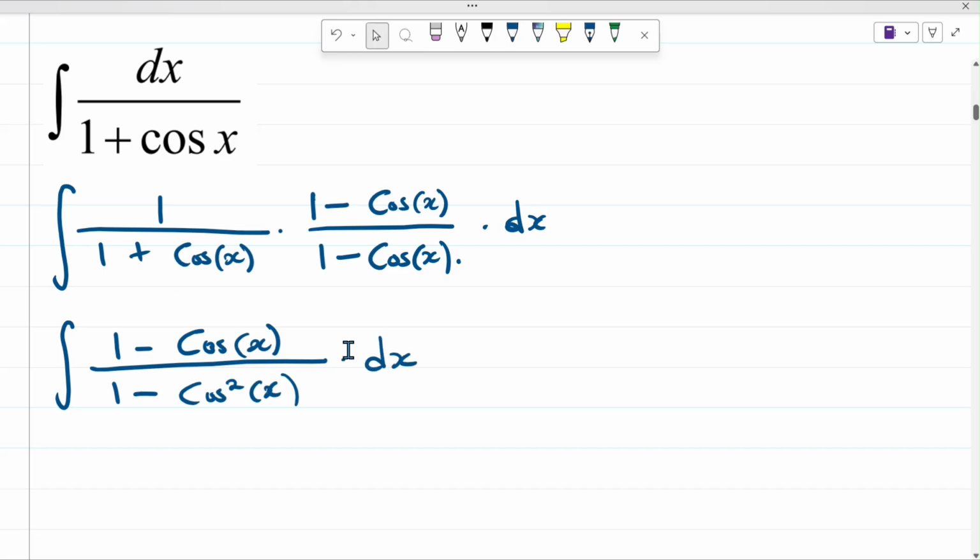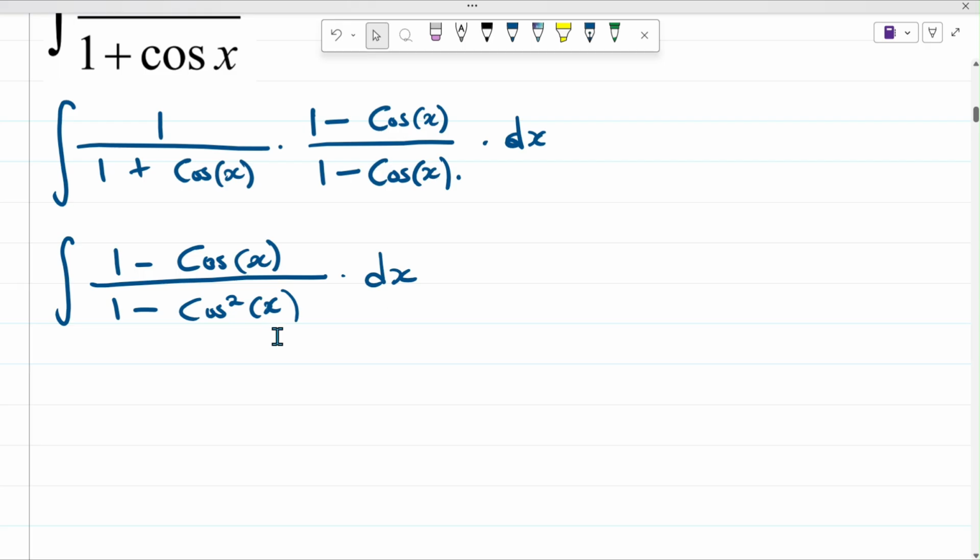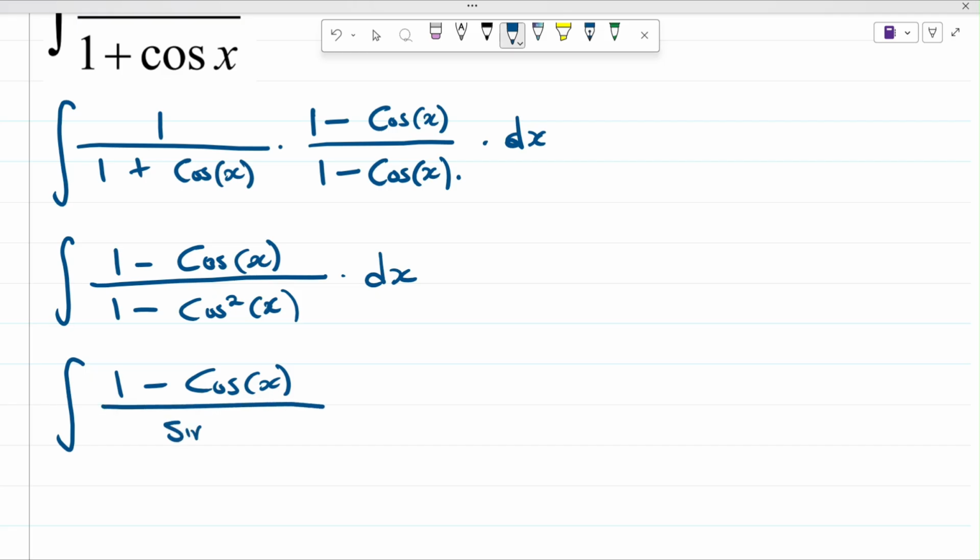Then 1 minus cos squared of x becomes sine squared of x from the square identities. So this is equivalent to 1 minus cos of x divided by sine squared of x dx.